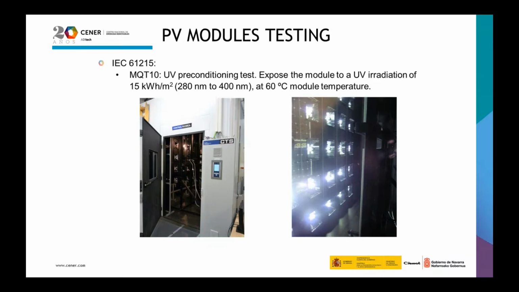This dose is very reduced and is only a condition previous to applying the thermal cycling and the humidity freeze test. And the purpose here is to identify those materials and adhesive bonds that are susceptible to UV degradation.